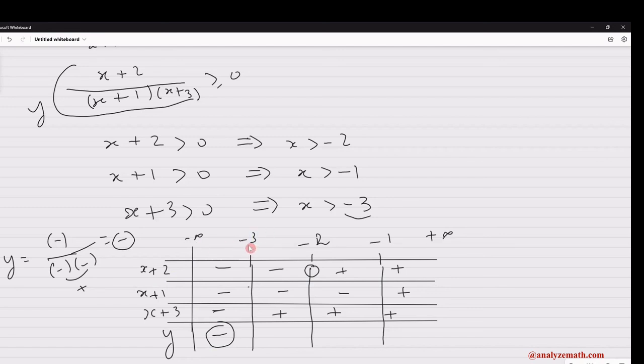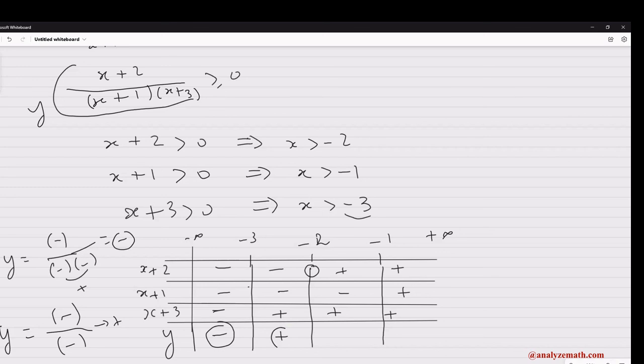So now let's go to minus 3 to minus 2. X plus 2, which is the numerator, is negative here. The two terms in the denominator, one is negative, the other one is positive. When you multiply them, they give you minus, and the whole thing gives you plus.